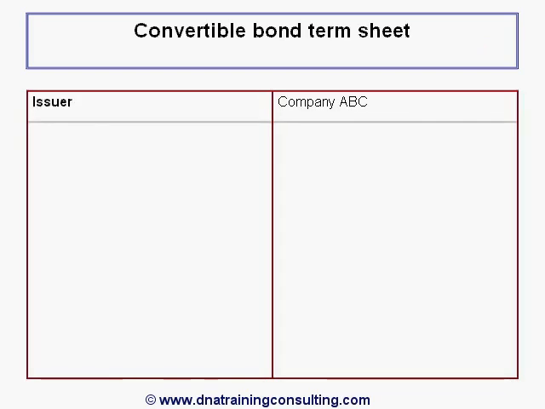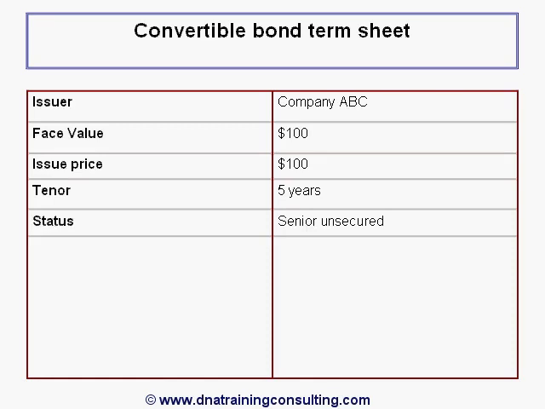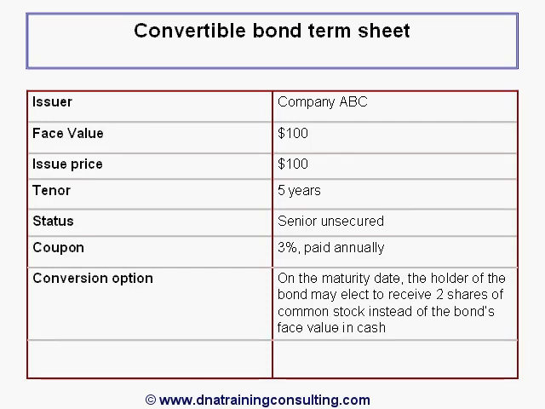Issuer, company ABC, face value 100, issue price 100, nothing very strange so far, tenor 5 years, as agreed, status senior unsecured, but more on that later, coupon 3% paid annually, and conversion option, very importantly, on the maturity date, the holder of the bond may elect to receive 2 shares of common stock instead of the bond's face value in cash.